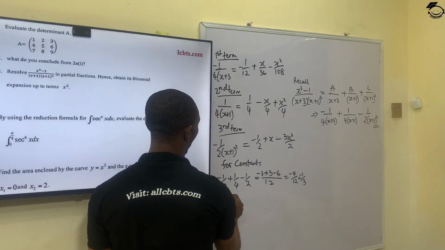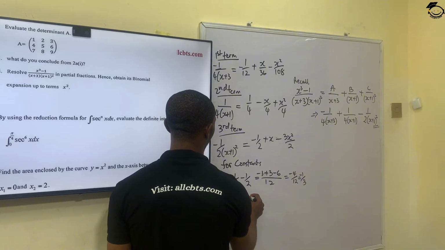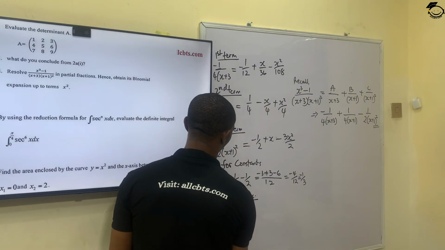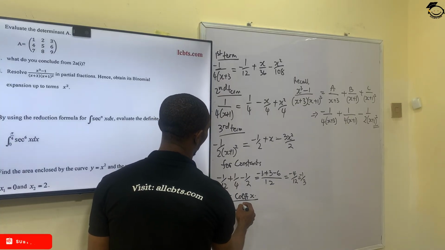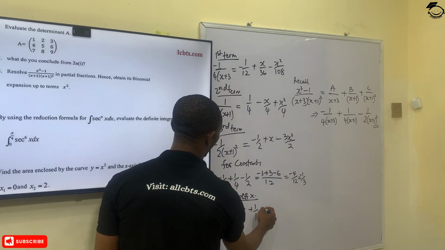Now for our coefficient of x, we have it as 1 over 36 minus 1 over 4 plus 1 over 1.